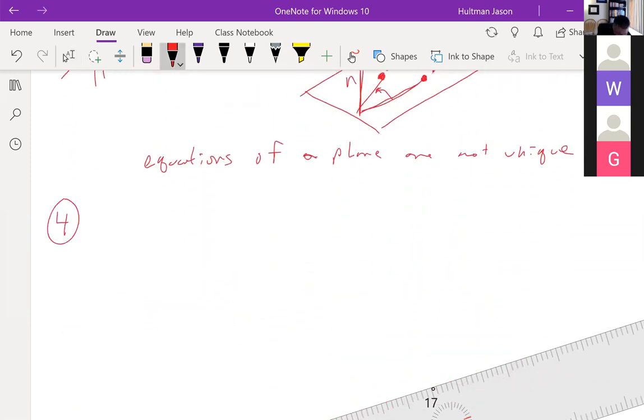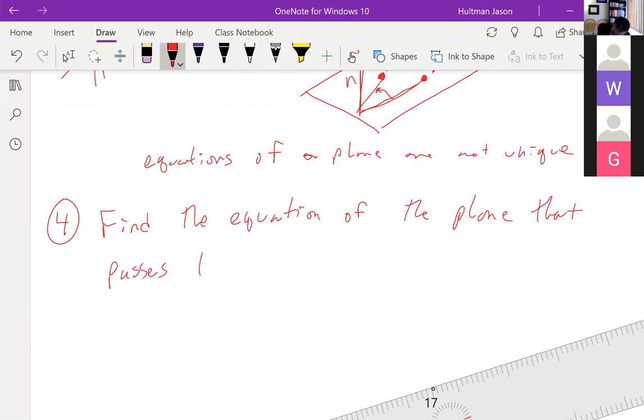Find the equation of the plane that passes through points P(1, 4, 6) and Q(-2, 5, -1).